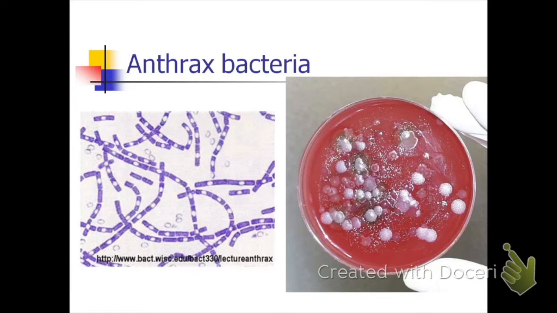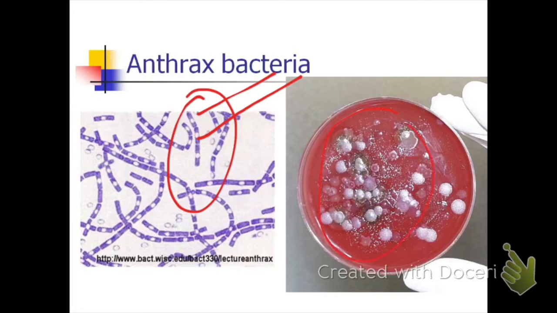This is the disjointed bamboo appearance of Bacillus. You'll notice that there are empty spaces. Those empty spaces are actually the unstained part, because if you want to stain the spores, you need a special stain for spores. So these are actually the empty spores, and this is the medusa head colony.